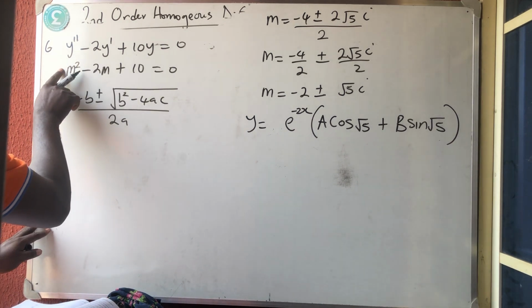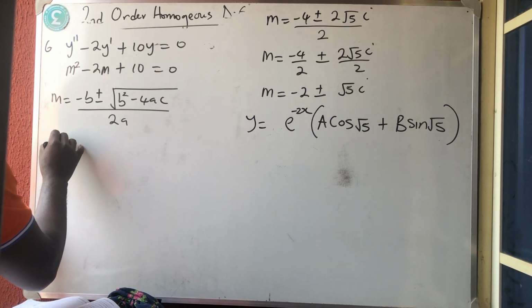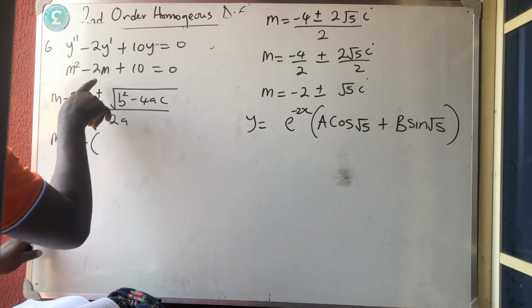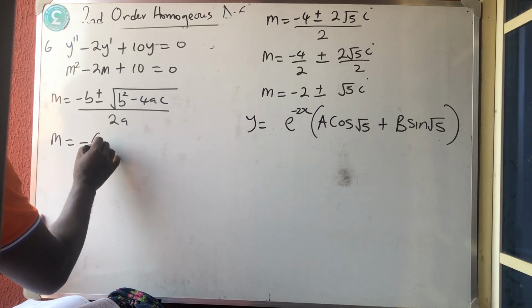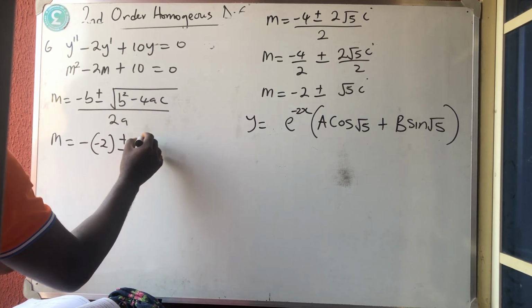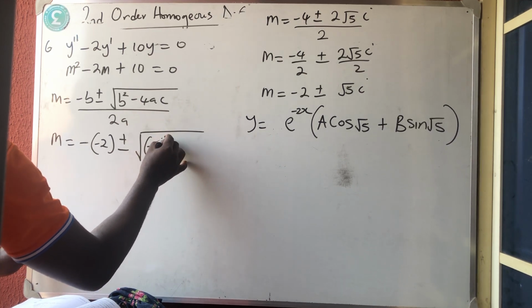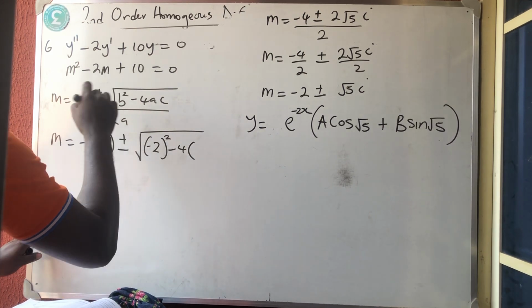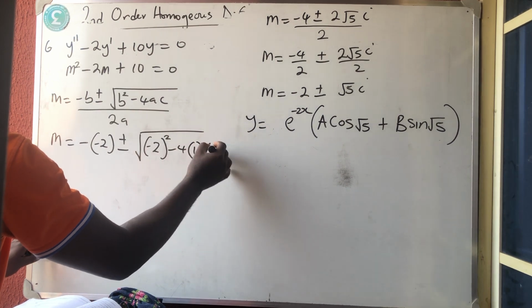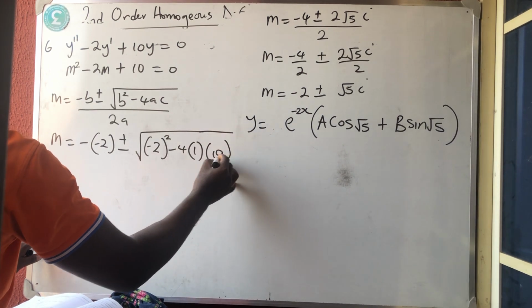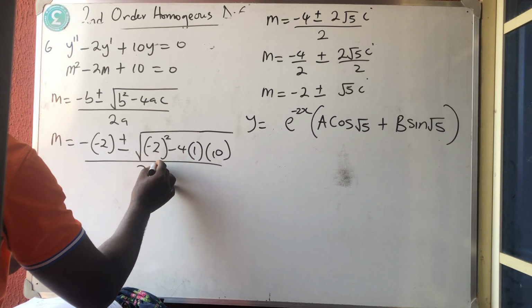So this is my a, b, and c. So my m is equal to minus b, and my b is minus 2. I have minus minus 2 plus or minus the square root of minus 2 all squared minus 4 bracket a is 1 and my c is 10, okay, everybody over 2 bracket 1.